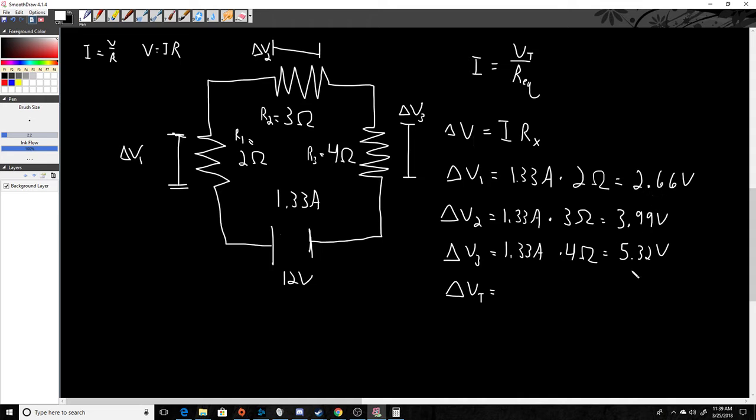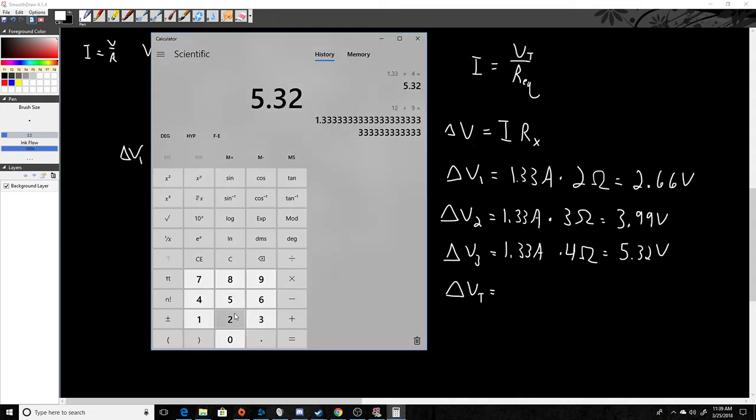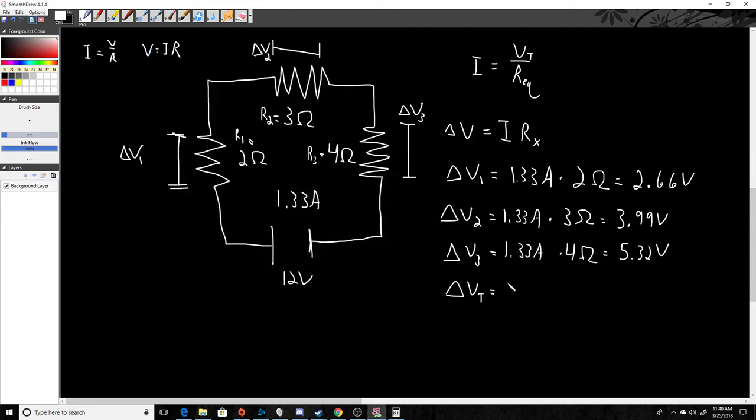Let's just add these up real quick. 2.6666 plus 3.99 plus 5.32 equals 11.97. This is the one time I am going to start looking at sig figs. 11.97, that's pretty close, considering we had to round the current, which should be 1.33333333, which affected my rounding here.